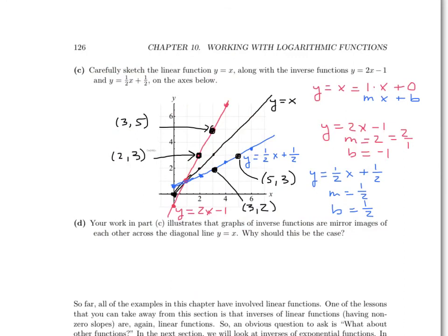So the fact that the input-output pairs are reversed from each other is what creates this mirror image that we see in the graph. So why should this be the case? I'll just say real briefly, it's due to the reversed input-output pairs.